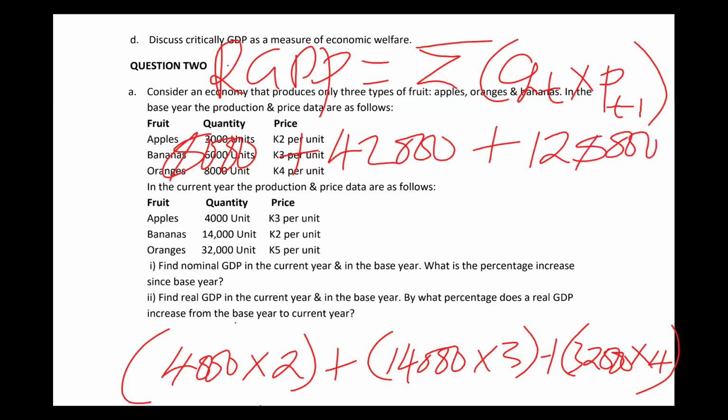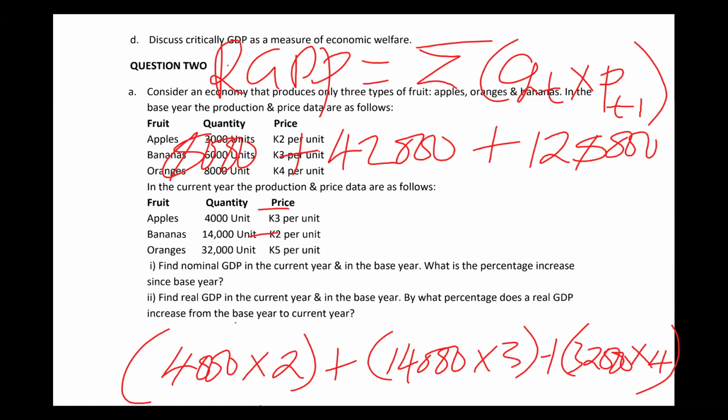Have we missed anything? 32,000 times 4. Finding the same, right? Then you can add together. You're finding the same. That's our real GDP.